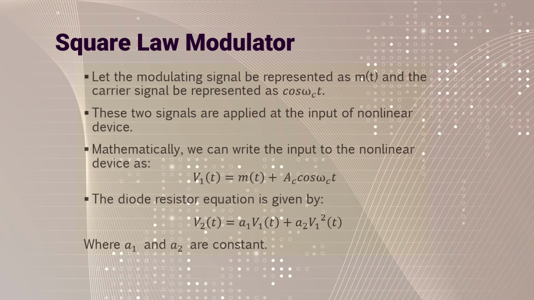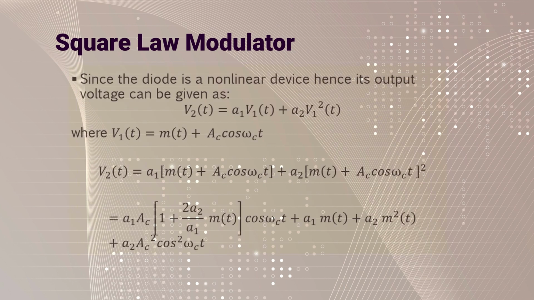We can write the input to the nonlinear device v1(t) equal to m(t) plus Ac cos 2 pi fc t. Then the diode equation is given by v2(t) equal to a1 v1(t) plus a2 v1 square (t), where a1 and a2 are constants, and v1(t) is equal to m(t) plus Ac cos omega c t.